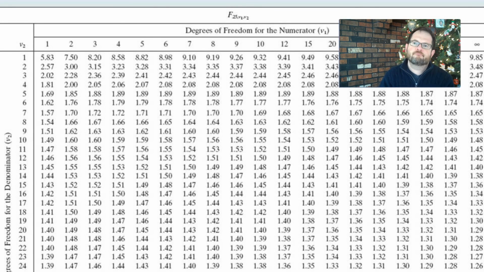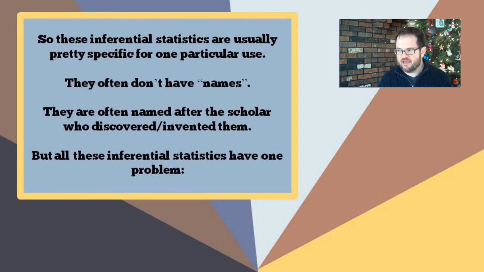Now, did you notice we didn't have a nifty name like average or sample standard deviation or correlation for this Z statistic? Z is just a statistic that we use when we are testing the difference between two means. It's pretty specific to that one particular use, and it doesn't even have a name. We don't call that anything.